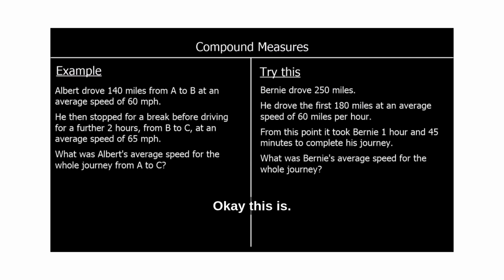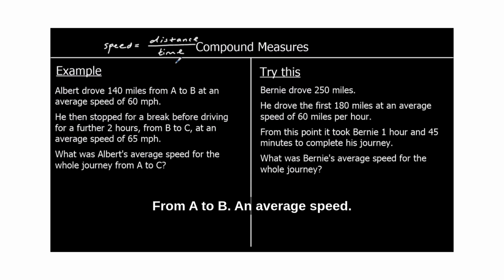Okay, this is a more complicated question. It's a speed question. So we're using speed equals distance over time. So Albert drove 140 miles from A to B, an average speed of 60 miles per hour.